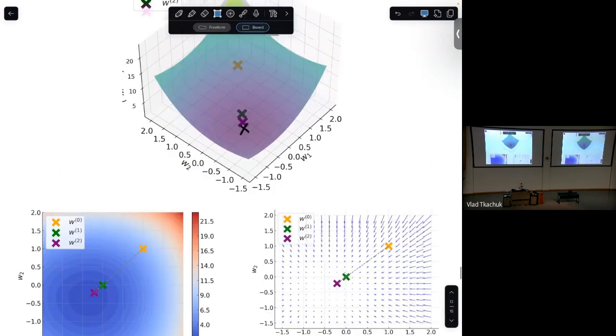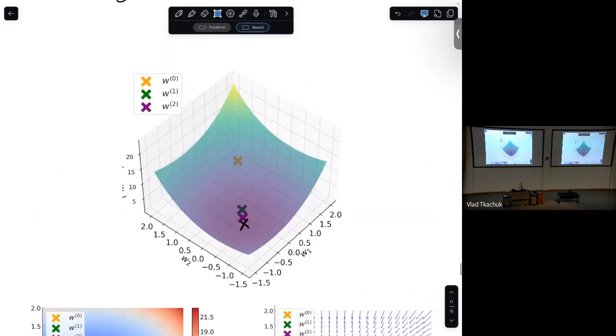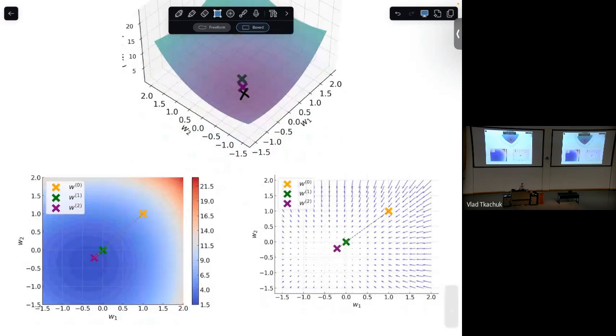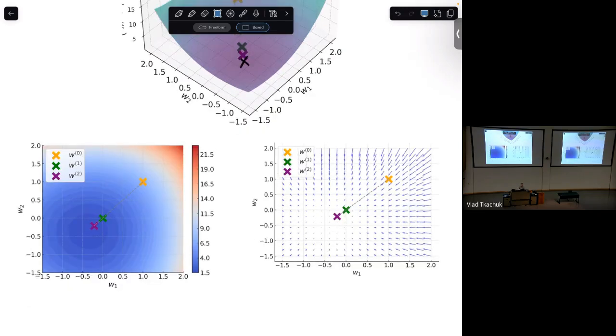There are all sorts of ways people try to draw this. You can draw the level sets, where you draw the values of the function at different levels as circles.